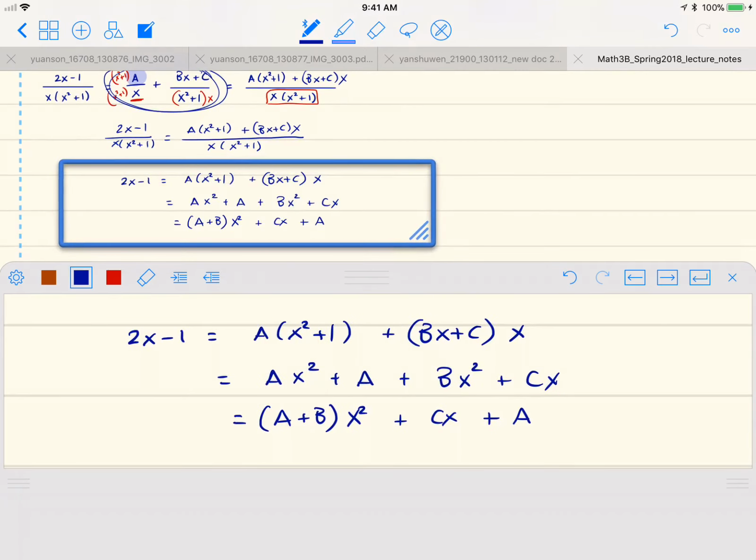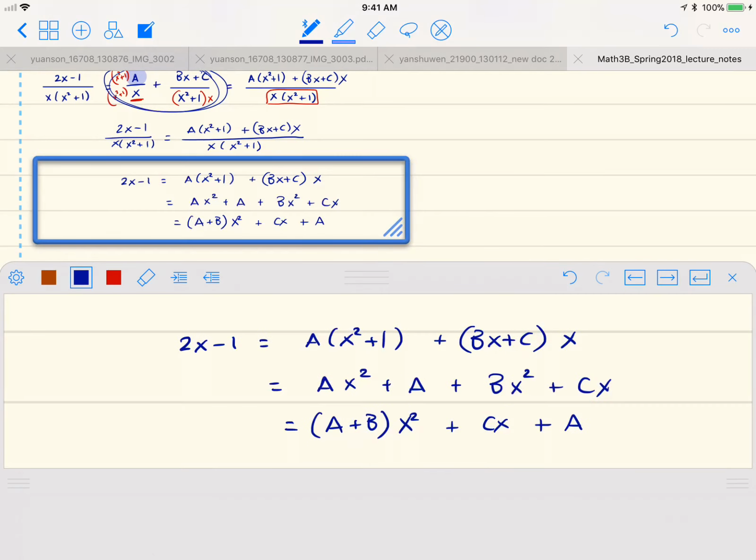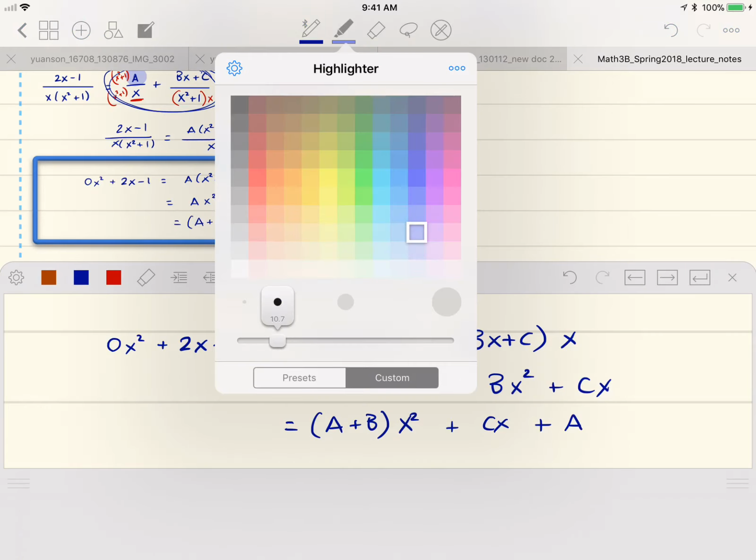Now here's where some students have difficulty, because you say, how do I know what to set equal to each other? Pretend like this is 0x squared plus 2x minus 1. That's kind of the best way to think about it.